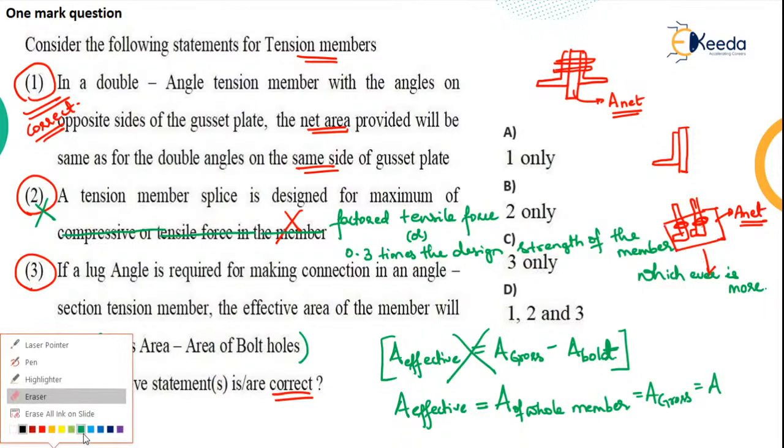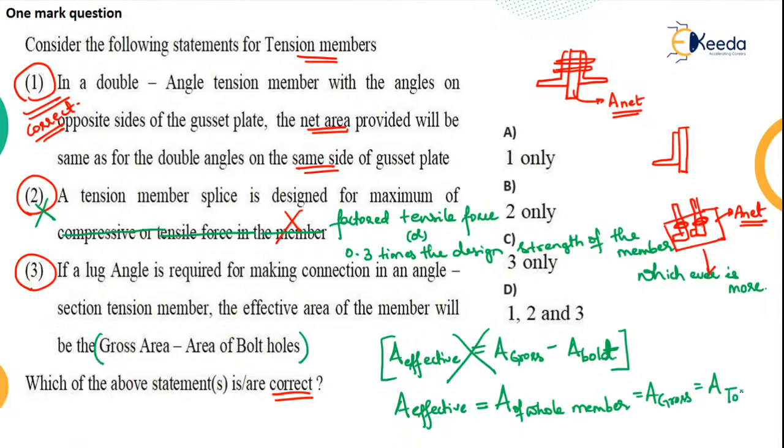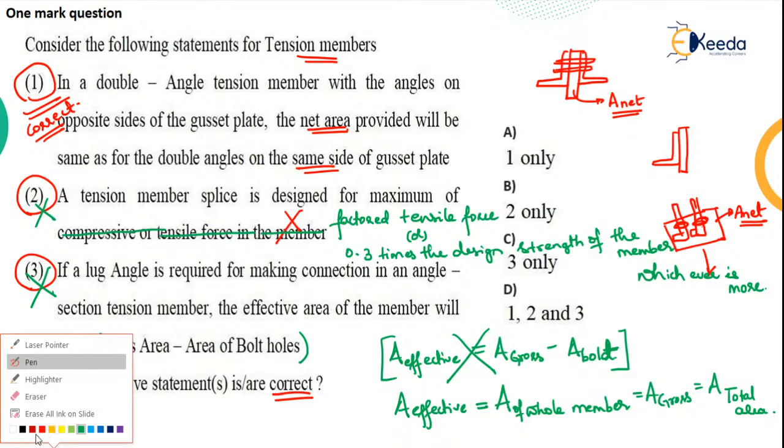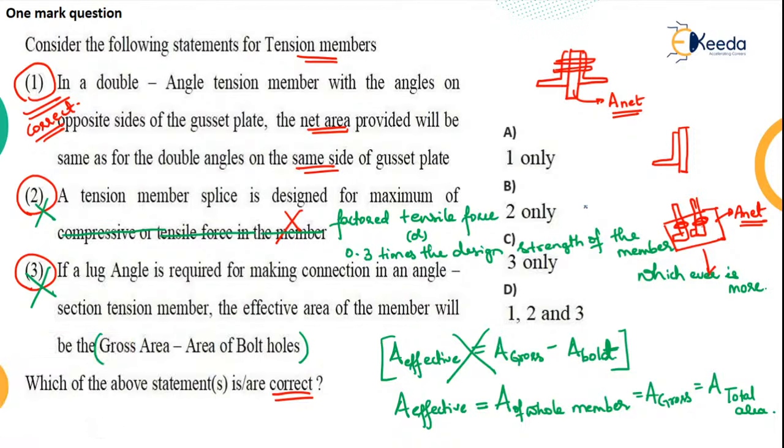Is it clear? So this option is also wrong. The correct answer for this particular question is only one, that is option A. All other options are wrong. This is your 1 mark question.